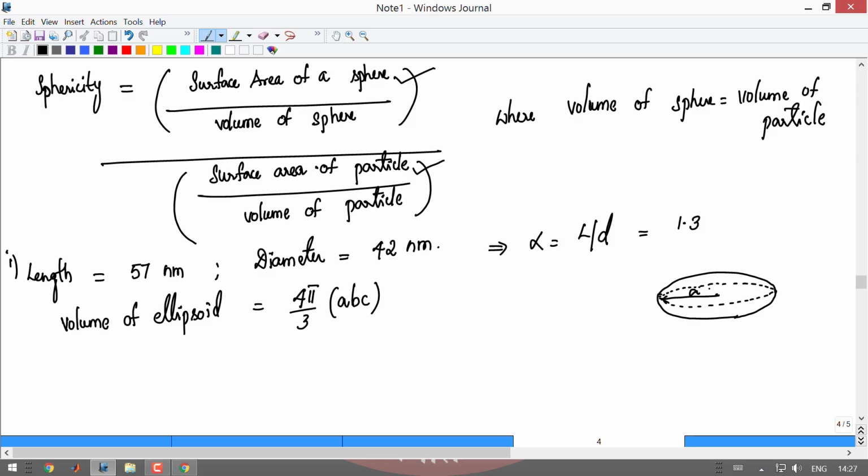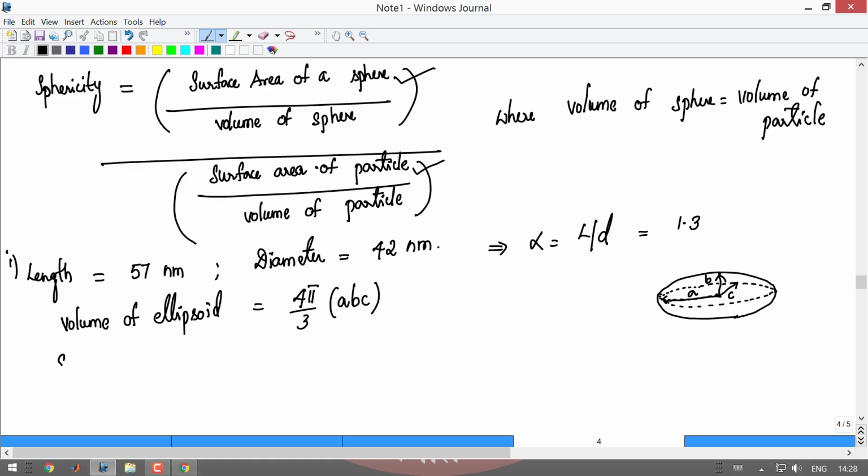So, half of it is taken as A and half of it will be taken as B, and in this direction we have C. If you see, when A, B and C are same, we will end up with 4 by 3 pi A cube or B cube or C cube, which means 4 by 3 pi R cube, which is volume of a sphere.